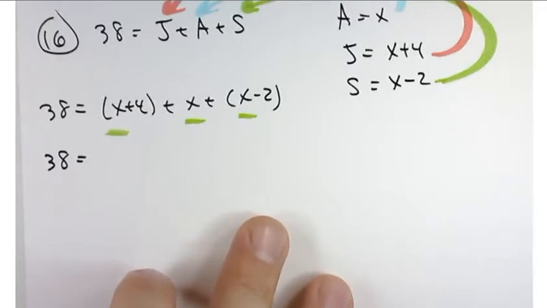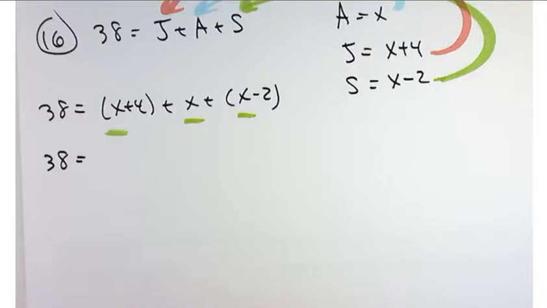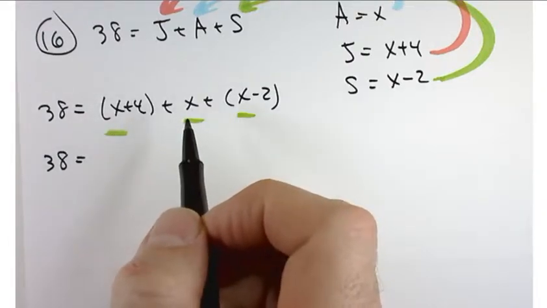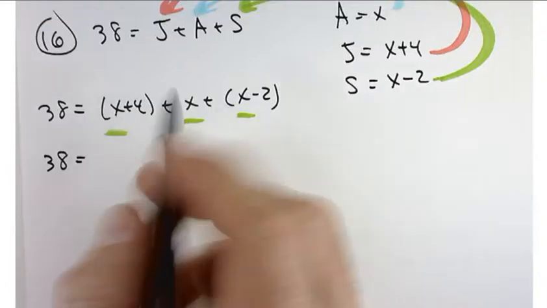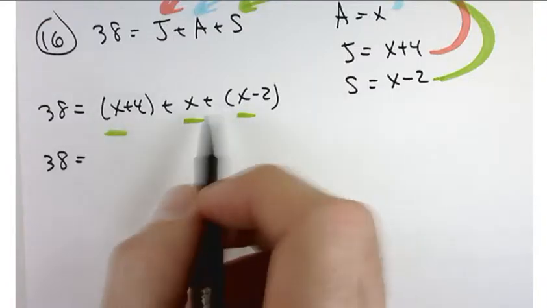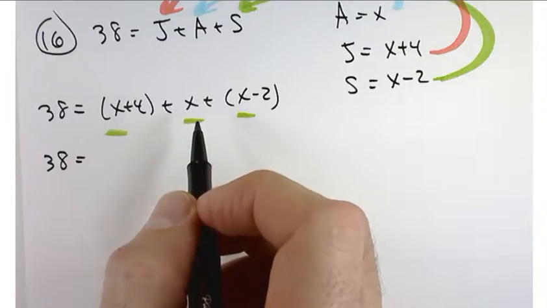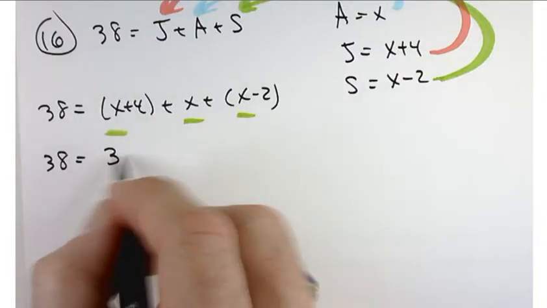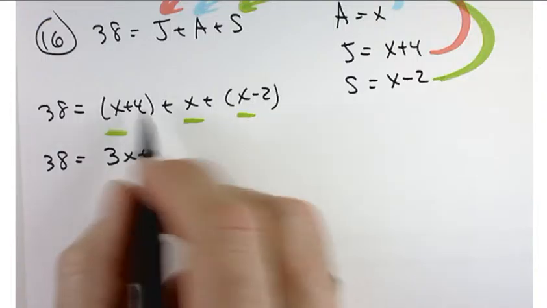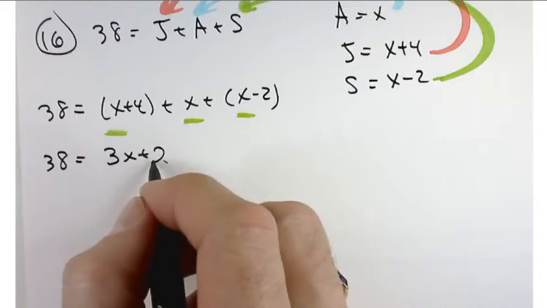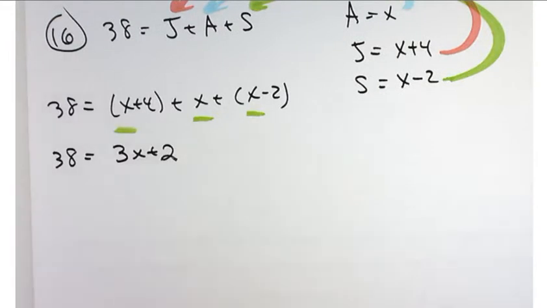What expression do I have on the right-hand side when I simplify all that? Good. 3x plus, yeah. We'll just do 3x plus 2.